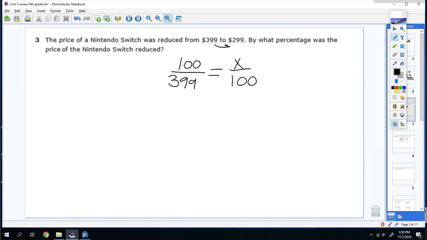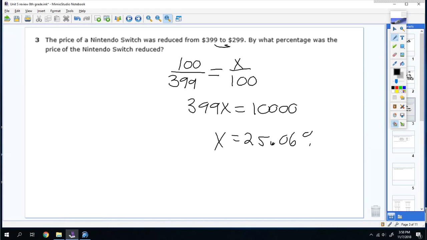So you cross multiply, and you get 399x is equal to 10,000. So then you're going to do 10,000 divided by 399, and you get 25.6%.